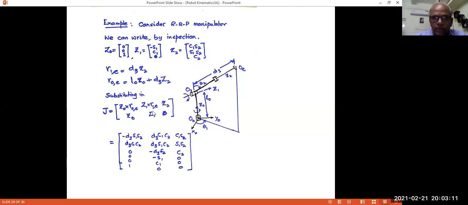All that exercise will definitely be required when you go beyond 3 degrees of freedom. Once you have 4, 5, 6, naturally that will be very much required. Computationally you go through this, and of course that will be done by a computer. And for a simple case, you can also see how to write a Jacobian.